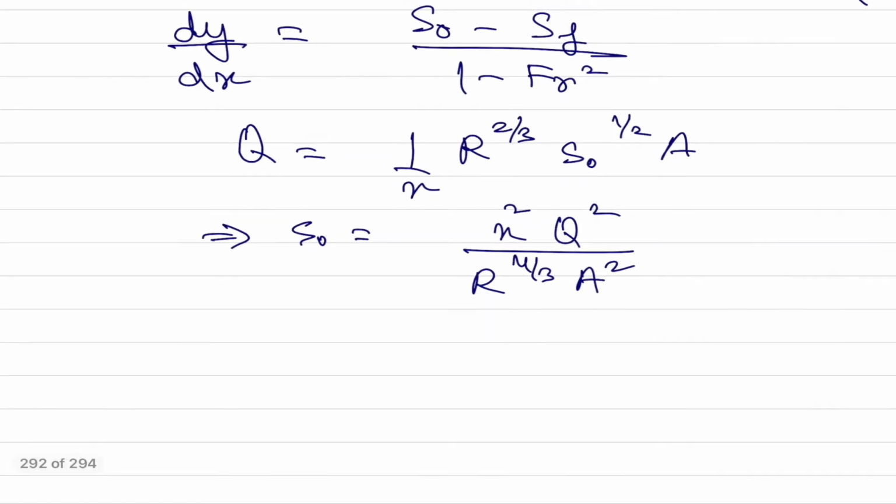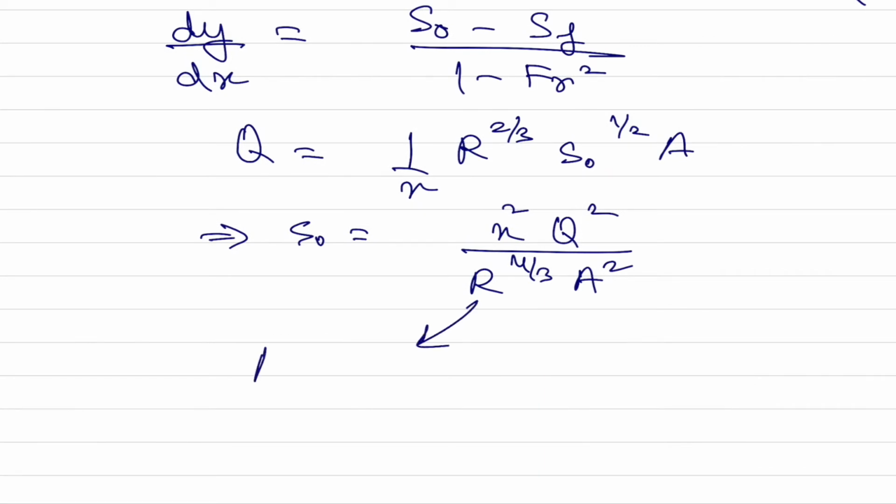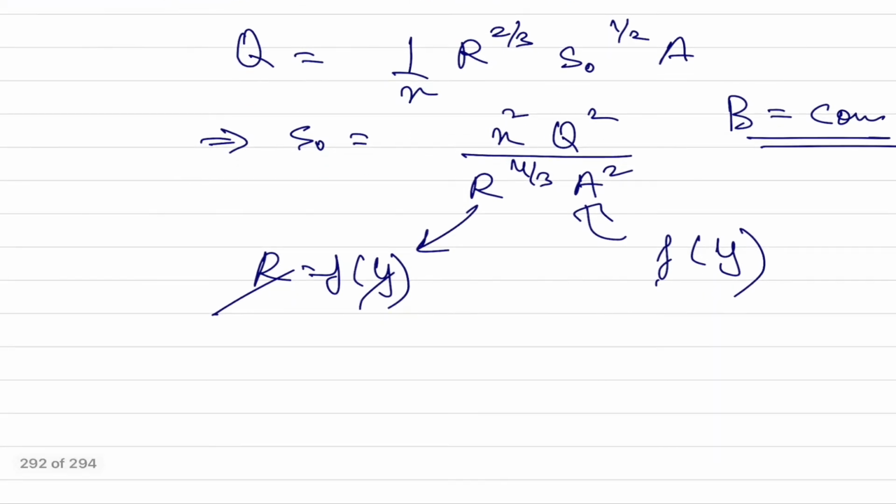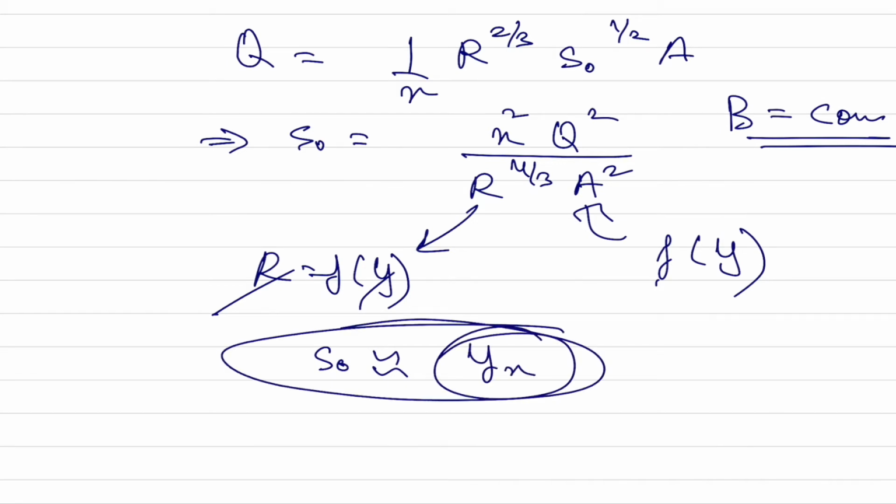Whatever depth we get from this, because our R is also a function of depth, our area is also a function of depth, and if we are assuming a prismatic channel, then we can say that width is constant throughout x, so we are not really worried about variation in width, and hence we can simply say that R is a function of y as well as area is a function of y. If we talk about S naught, the depth corresponding to this S naught is called the normal depth.